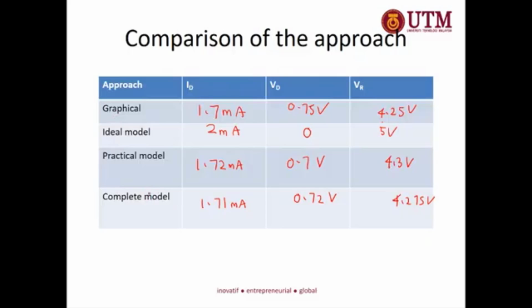The third best is the practical model, and the last one is the ideal model. But usually we use the practical model, so we ignore the small RD. We want to make sure that you are comfortable doing the DC analysis using the practical model.